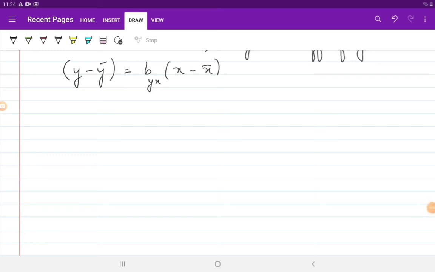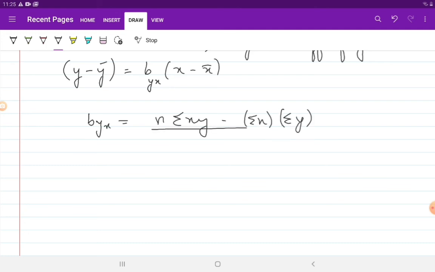I would like to draw your attention to one more relationship. Remember your byx, the formula that I told you was n times summation xy minus summation x into summation y, whole divided by n times summation x square minus summation x the whole square, right?